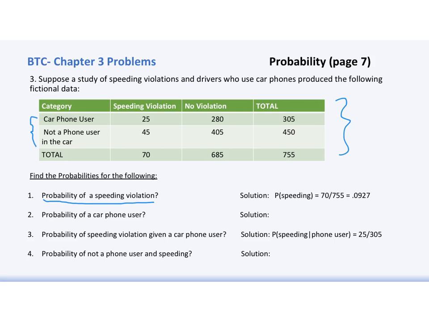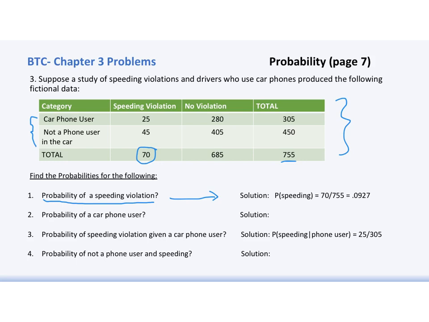So our solution is the probability of a speeding violation is equal to 70 divided by the total, which in this case is 755. So it looks like about 9.27% of the folks in this study have a speeding violation, regardless of whether they're using a car phone or not.